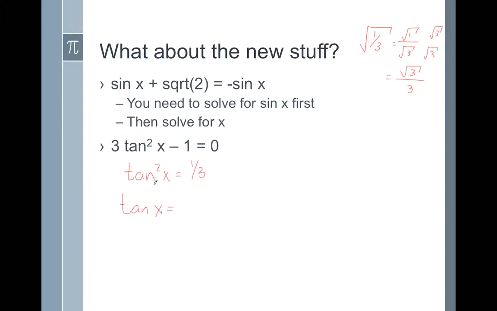But you've got to remember that when you square root both sides of an equal sign, you get positive root 3 over 3, and you get tangent of x is equal to negative square root of 3 over 3. So then the question is, where is that? You've got to remember that tangent is the y value over the x value.